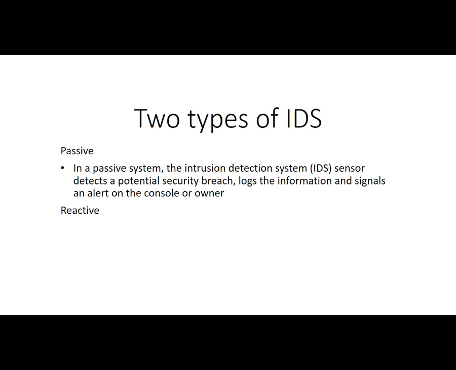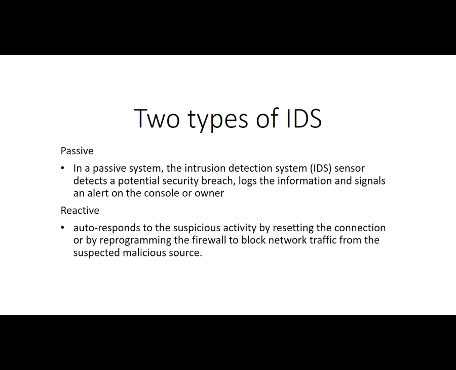That's where the reactive type IDS comes in. When it detects something that might be malicious, it will automatically reset the connection or drop the packets. It might even write a new rule into the firewall via some script.